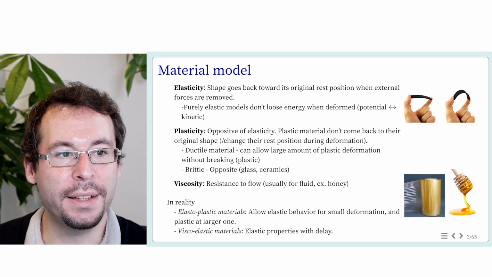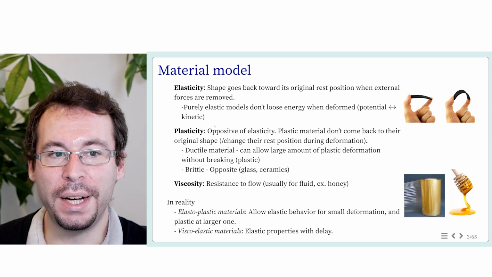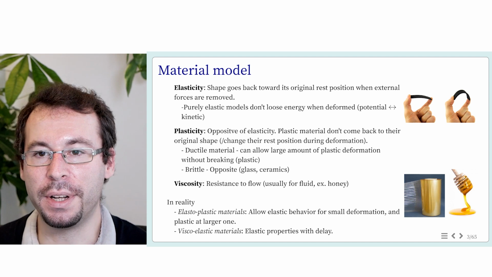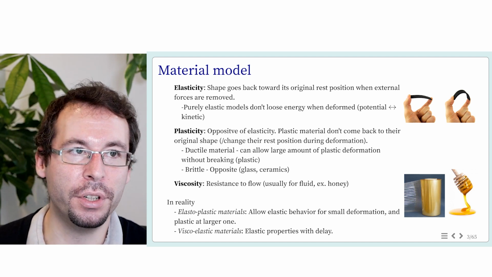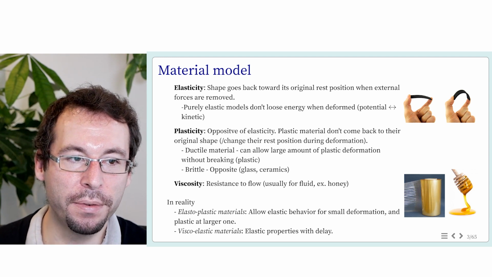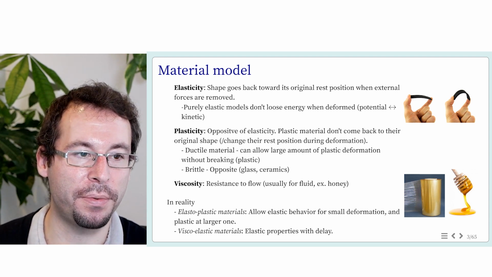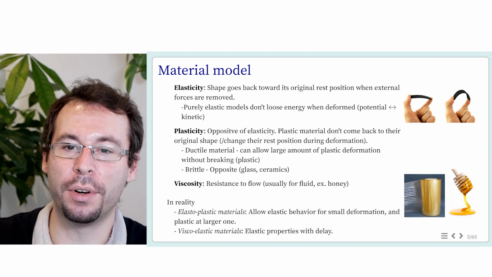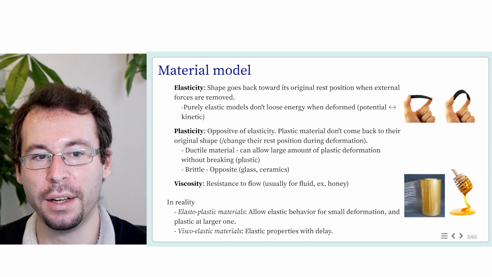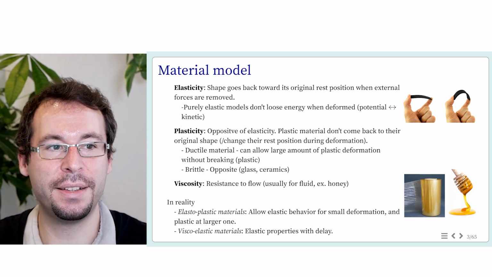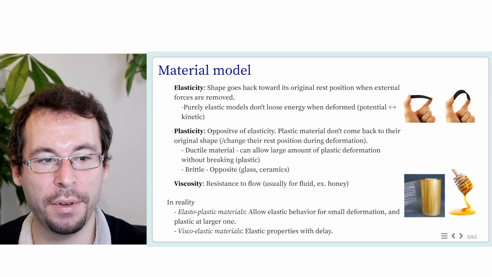Opposite to the elastic model, there is the one that we call plastic. A plastic material is a material that doesn't necessarily come back to its original shape once it's deformed. And we can even split into two types of material, the ones that are called ductile, that can allow a large amount of deformation without breaking. Typically, a real plastic bag has this type of behavior.